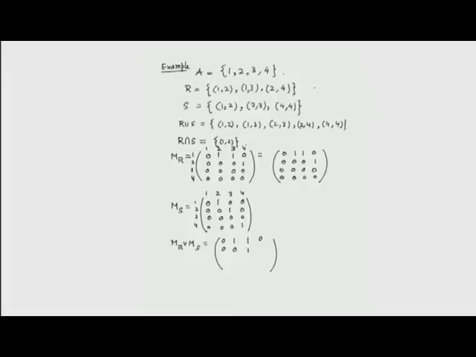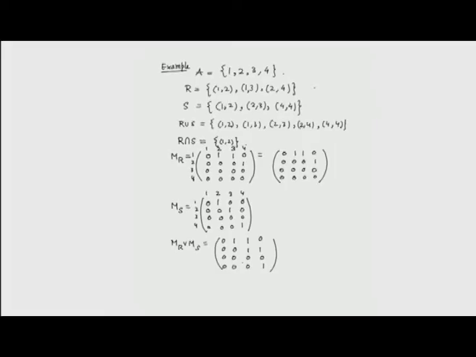So, therefore, we have got 1 over here and then 1 0. So, we have got 1 over here, and similarly, if we check the third row, we will find that this is all zeros, and then at the end in the fourth row, please see that if we compare the elements of MR and MS, then the first 3 entries are zeros in both the matrices, therefore, the result is 0.